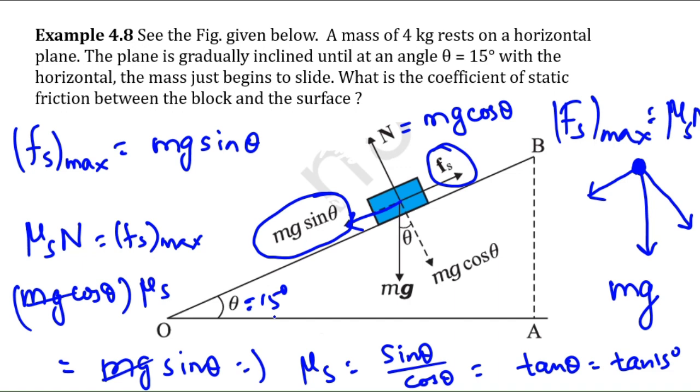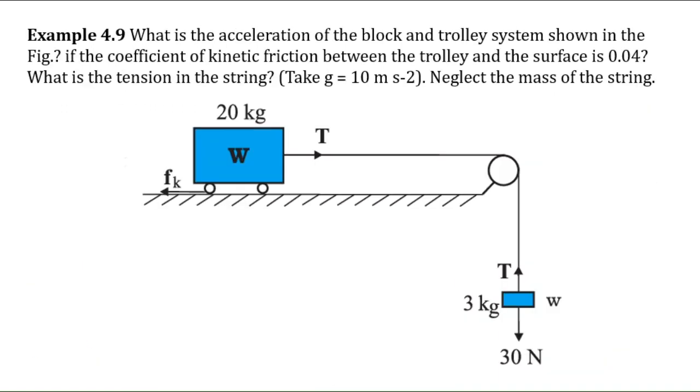Okay, now moving to the next question. Here we have another one. What is the acceleration of the block and trolley system shown in the figure if the coefficient of kinetic friction between the trolley and the surface is 0.04? We can find Fk as mu k into N. And what is N here?